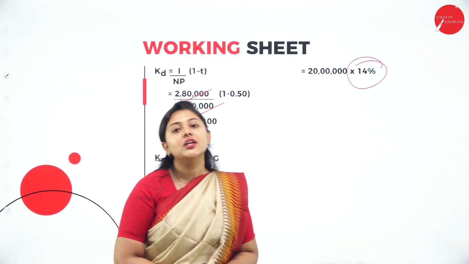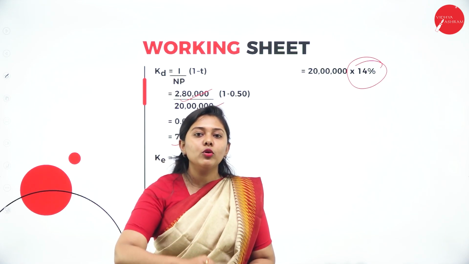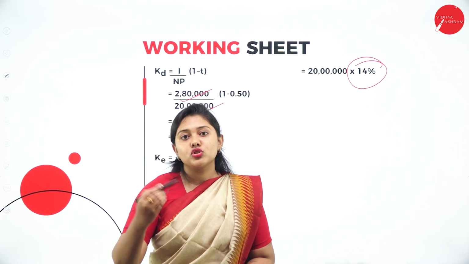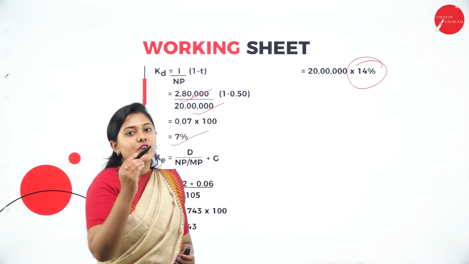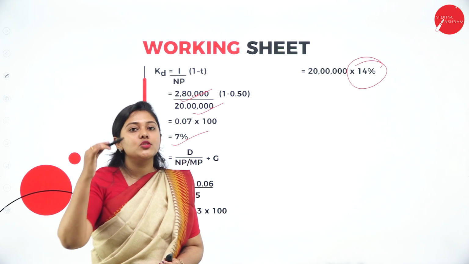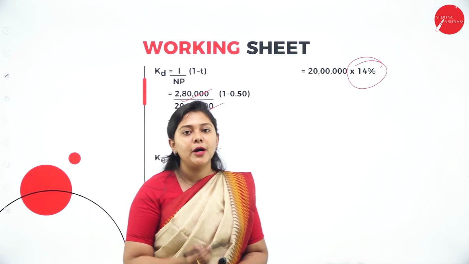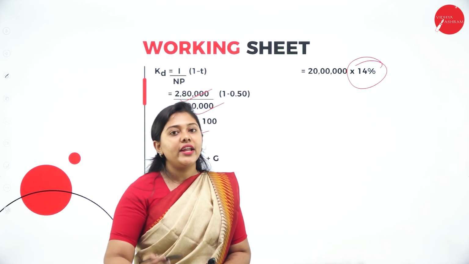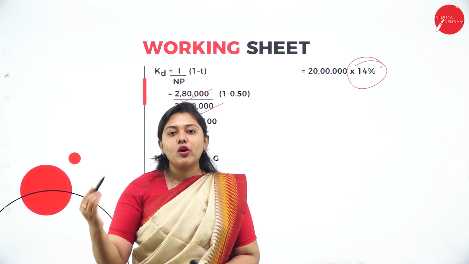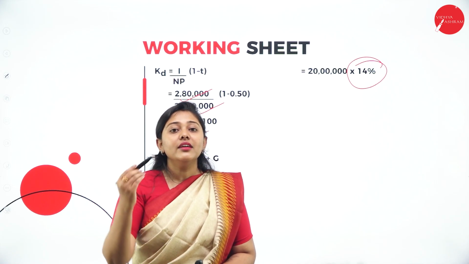Why are we calculating equity capital? Because the dividend was 10 rupees and the declared dividend is now 12 rupees, and the market price has decreased from 110 to 105. So for that purpose, we have to calculate the cost of equity and find out what is the overall cost, because we have increased the debenture.